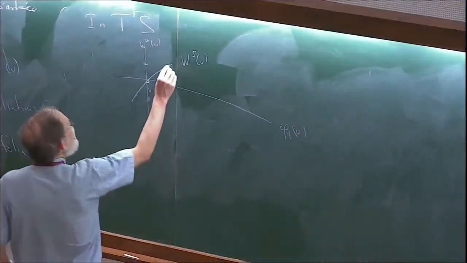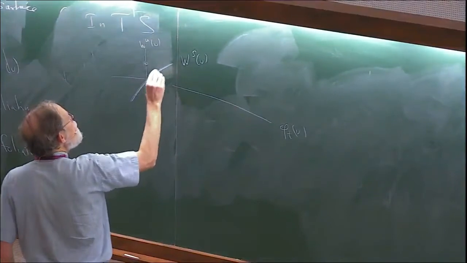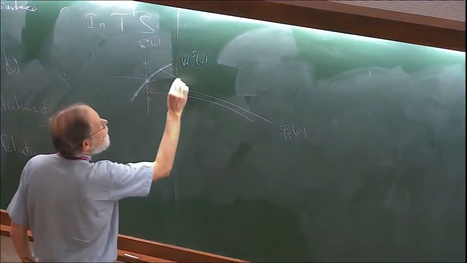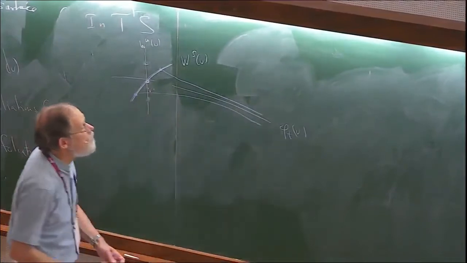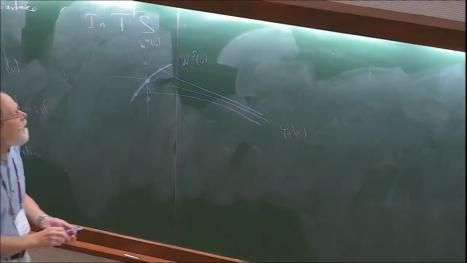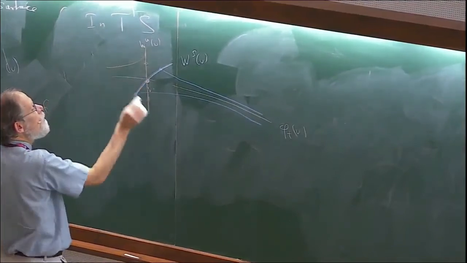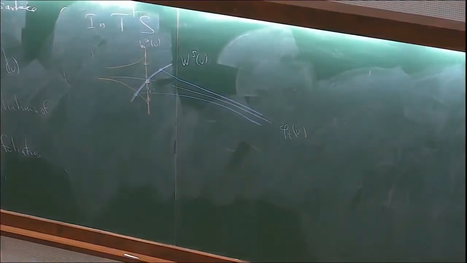So let's have blue for stable. If I take some blue trajectories, they come in exponentially in future time. And there are unstable trajectories. They come in exponentially in backwards time. So we have a foliation that looks like that.